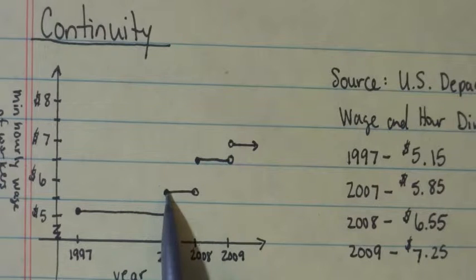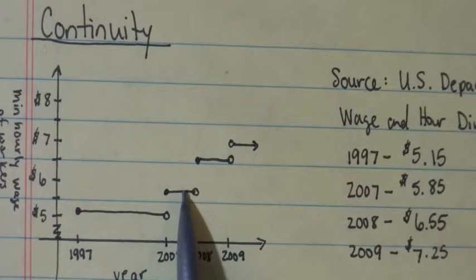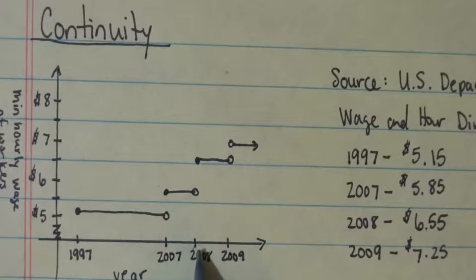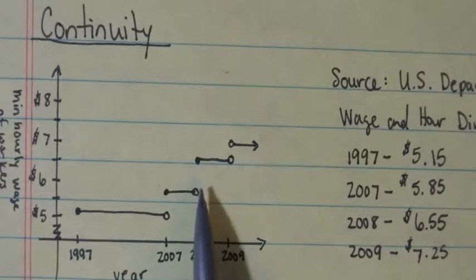And then for the entire year of 2007, sorry, my increments down here are probably not to scale, all of the months within there were $5.85. And then again in 2008, getting as close as possible to the year 2008, but not including it, in 2008 the actual function value jumps up. So we call this a jump discontinuity.